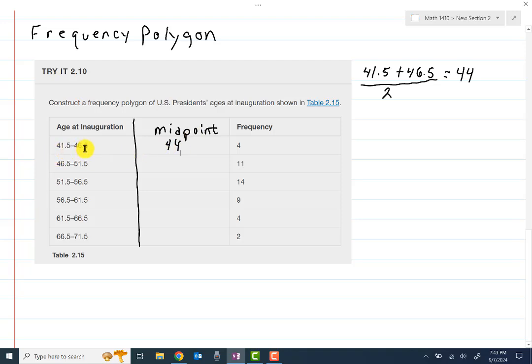Because these class sizes are size 5, I know that the next one will be 49, then 54, then 59, 64, and 69. Basically then, I'm going to use this point, if you will, with this frequency to make my graph.